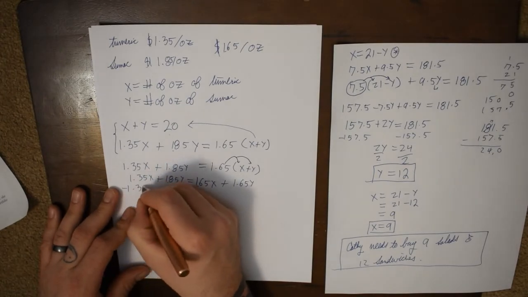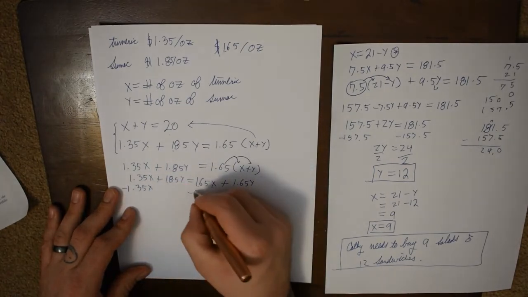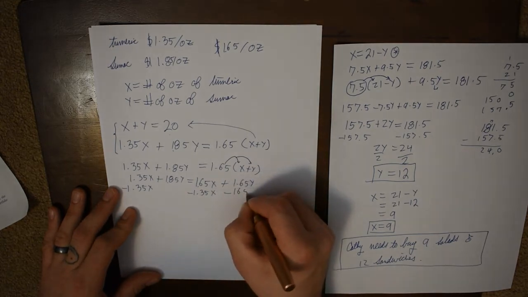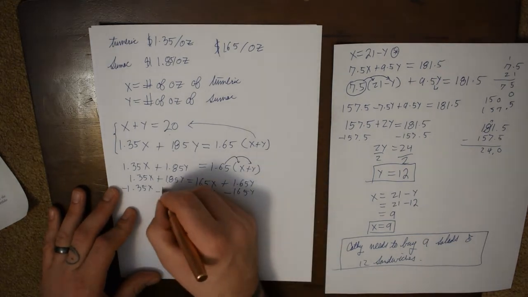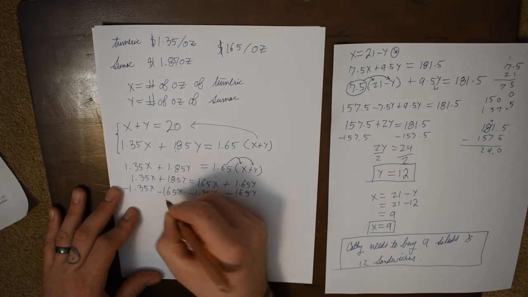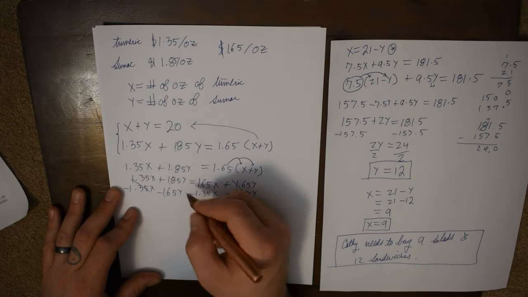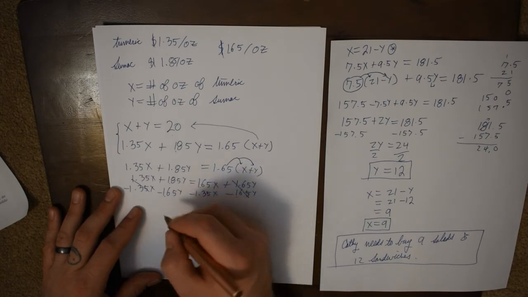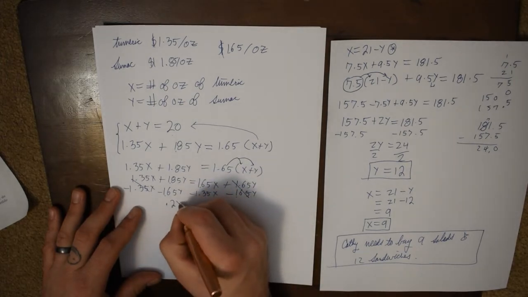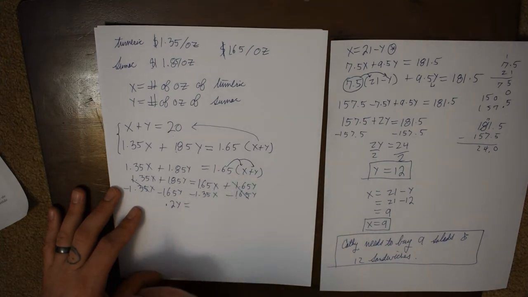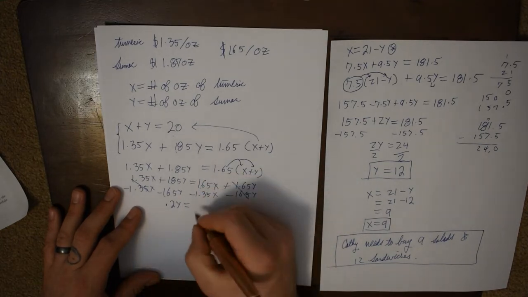Minus 1.35x, minus 1.35x, minus 1.65y, minus 1.65y. These will cancel, and we'll go through and subtract these. That will actually give us 0.2y, and 0.2y had better be equal to 0.3x.